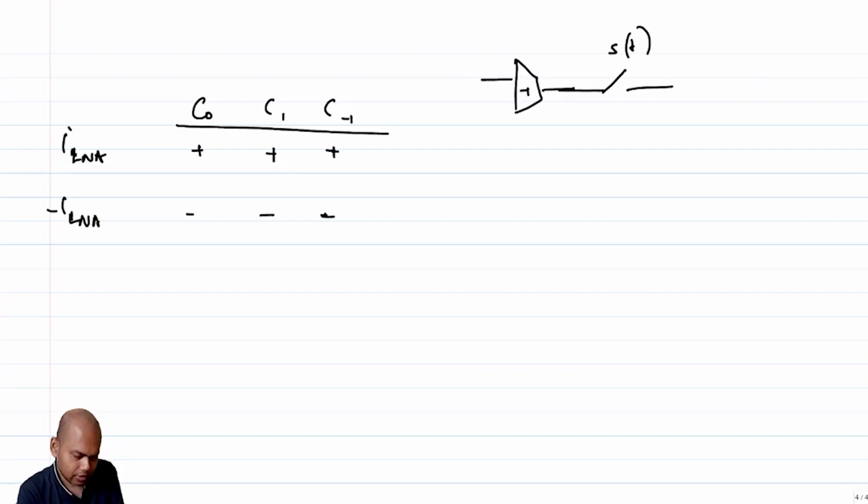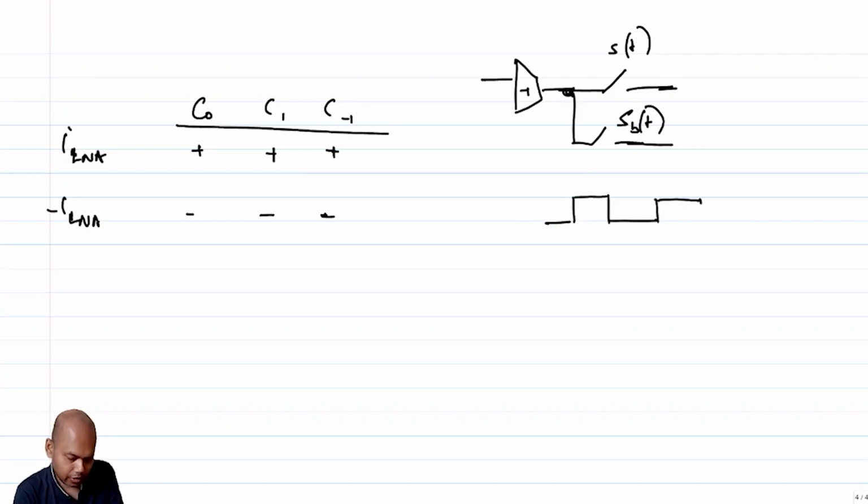an ST, which we assume to be 50% duty cycle, which means there is an option to have, or let me call this S bar T, SBT, where ST is 50% duty cycle clock and S bar T is the inverted version of that.